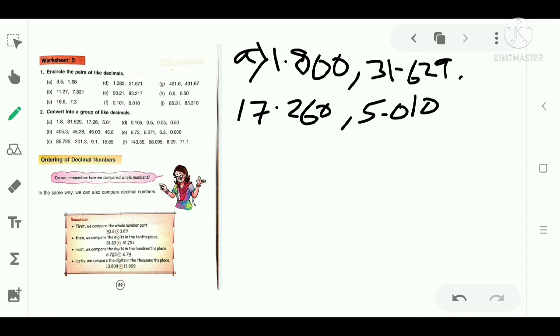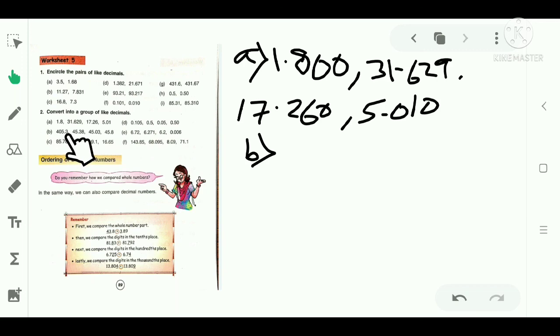Now let us take B part, students. B part here: 405.3, 45.38, 45.03, 45.8. Check which decimal number has more digits in the decimal part. So 2 digits here and 2 digits here after the point. Okay, so we have to make 405.3 also 2 digits in the decimal part, and here also.